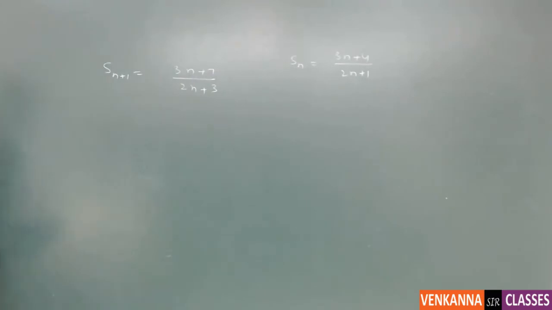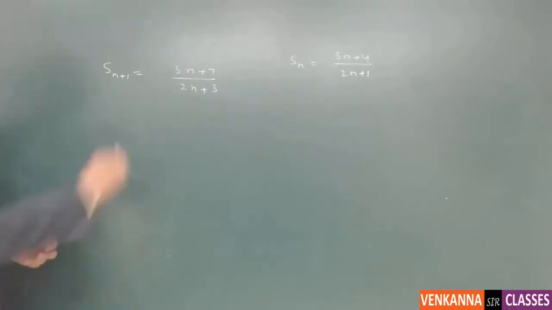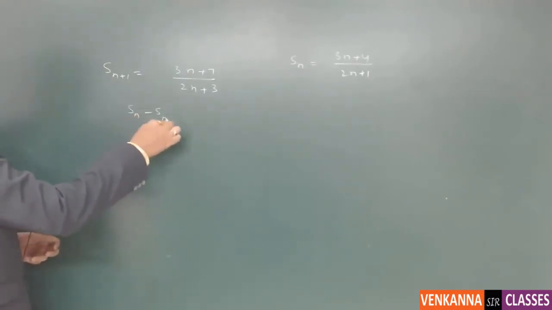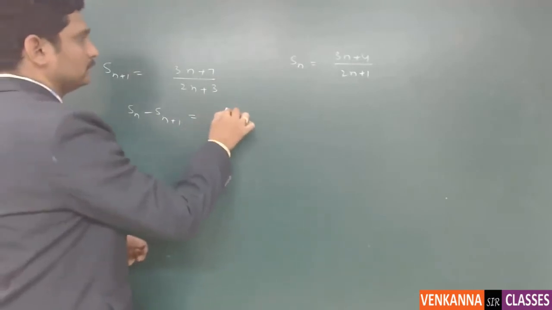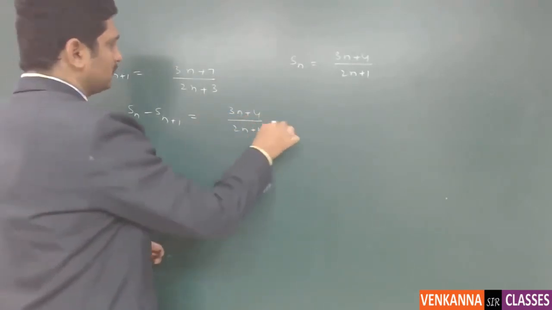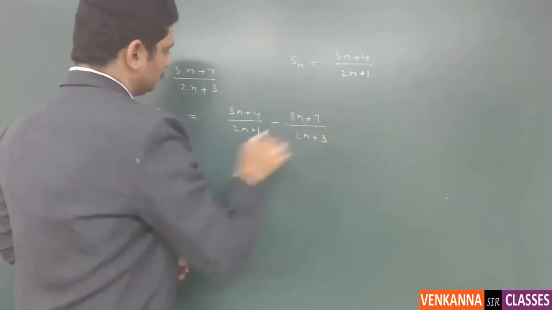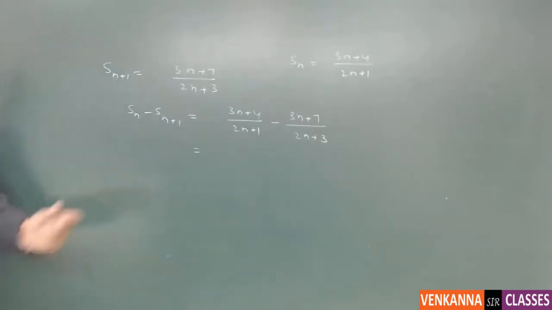Am I correct? That is finding Sn plus 1, right? Now let us consider the difference between these two. You can take either difference, that is up to your choice. So simply find the LCM and tell me the value.